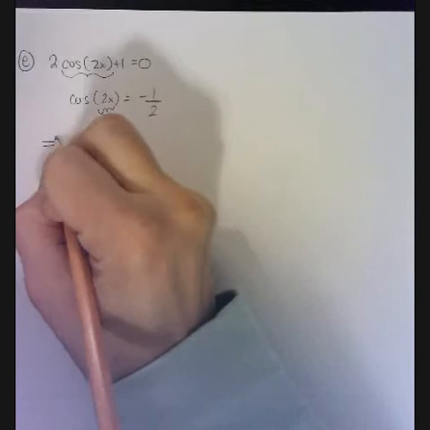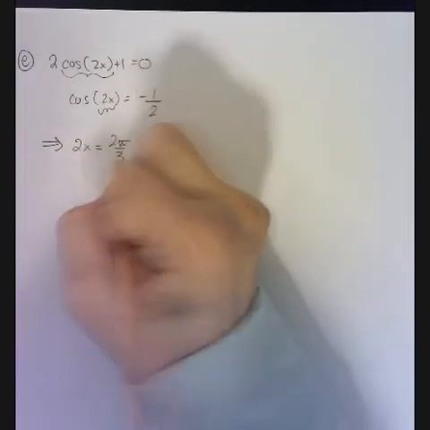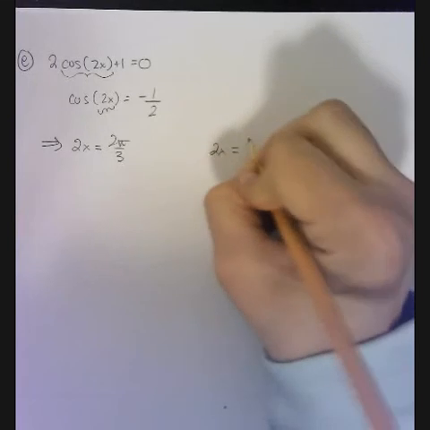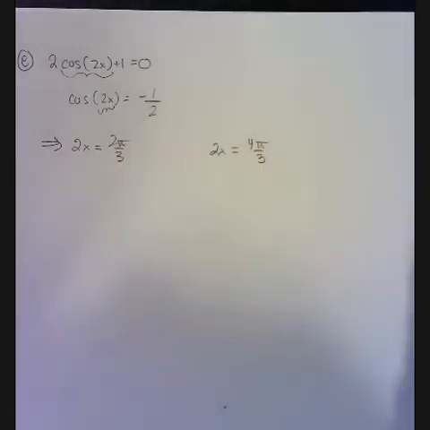So it's 2x that would equal 2 pi over 3, and it's 2x that would equal 4 pi over 3, which changes what x is, right? And we're trying to get all the way down to x. We're solving for x. Now, because of the period change, we actually get more solutions than just these two.